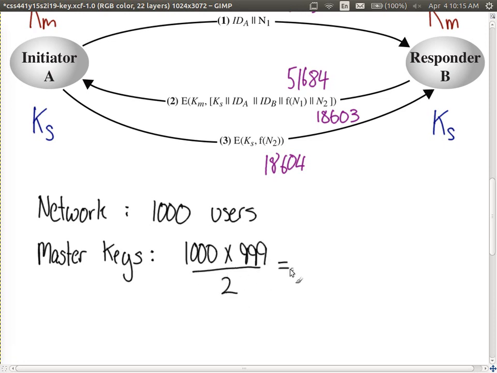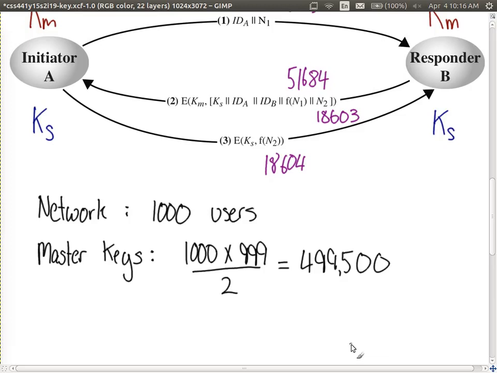About 5 million. 4995. Good. 499,500 master keys.